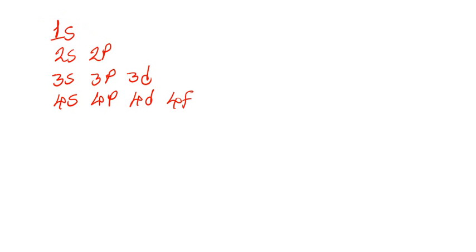By the way, what is the maximum number of orbitals the s orbital has? Yes, it only has one orbital, and an orbital can be occupied by a maximum of how many electrons? 2 electrons, yes. So the s orbital can only hold 2 electrons. What about the p orbital?